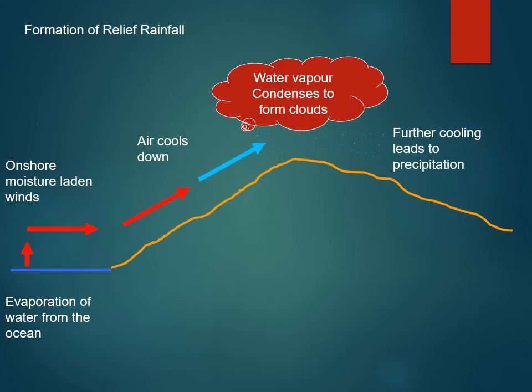This is called the windward side. So on the windward side all the rain is dropped, and on the other side the clouds are unable to cross through, so that is called the leeward side. It is also called a rain shadow area. They don't receive any rainfall. So such a type of rainfall is called orographic rainfall or relief rainfall, whenever there is an obstruction by a natural feature like a mountain.